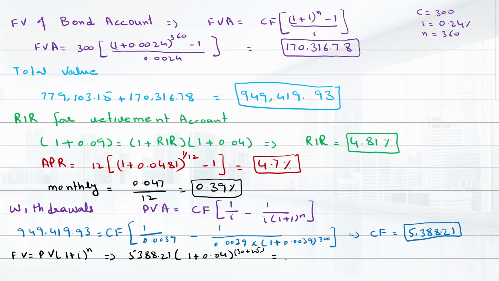So the final answer will be 46,588.42. So that will be the amount of the last withdrawal in nominal terms.